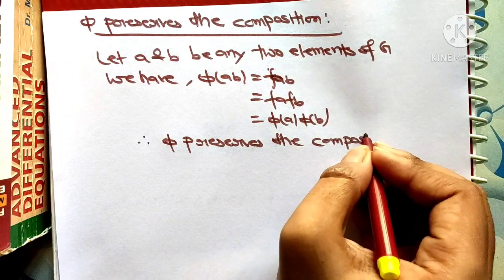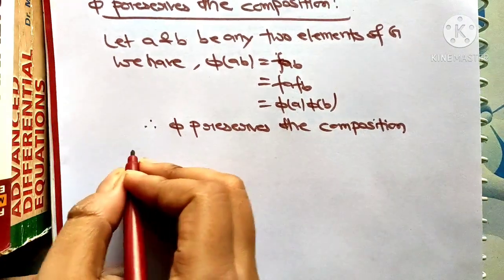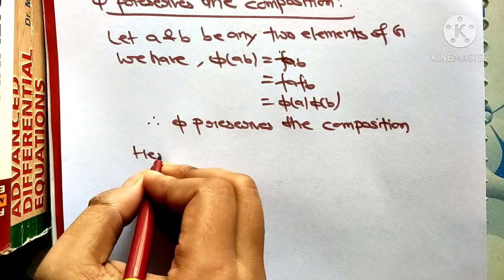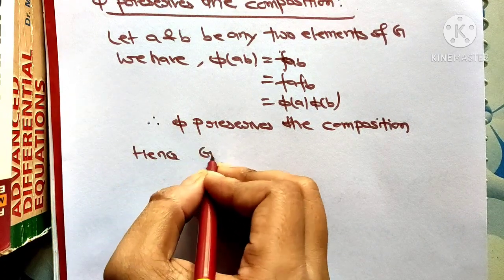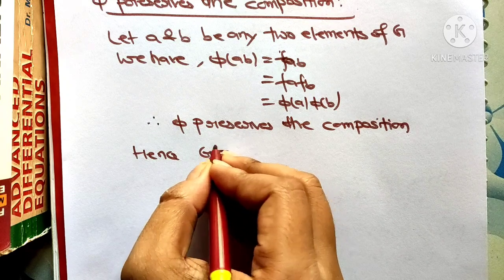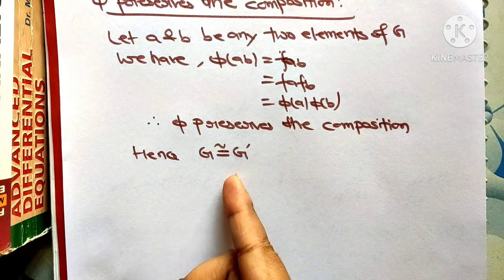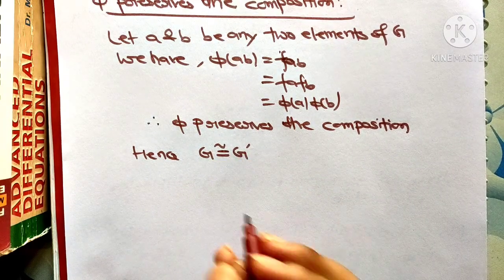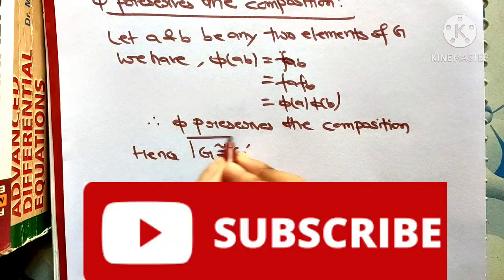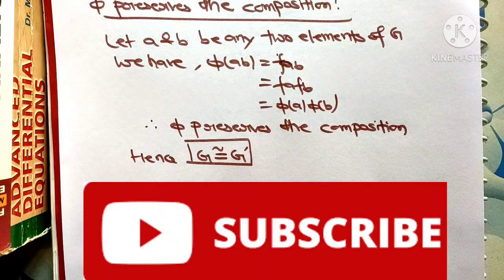So finally we proved that any finite group G is isomorphic to permutation group G dash. This is the symbol for isomorphism.